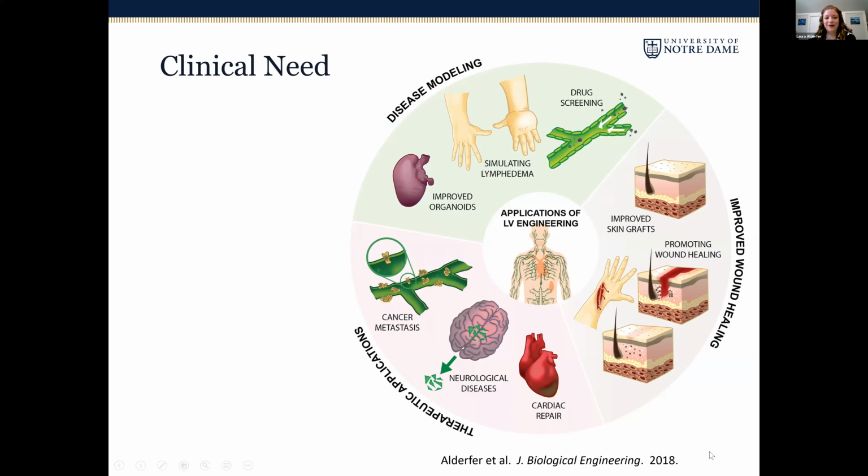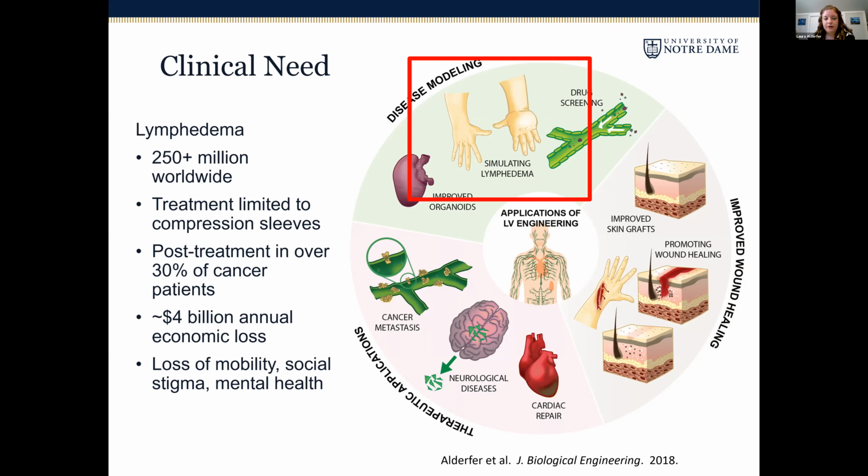So we're all interested in organoids at this conference, and I just want to highlight the clinical need and hopefully convince you why lymphatics are important, and why we can incorporate them into models in the future for a more robust and more accurate disease model. We look at lymphedema, which most people know as one of the most common dysfunctions of the lymphatic system, and we see this chronic swelling, which affects over 250 million people worldwide.